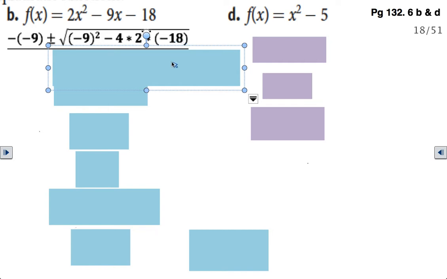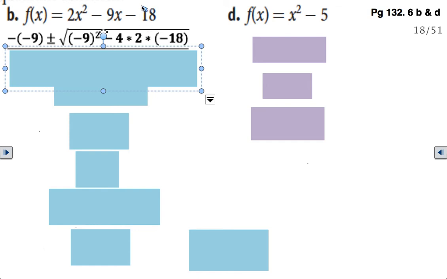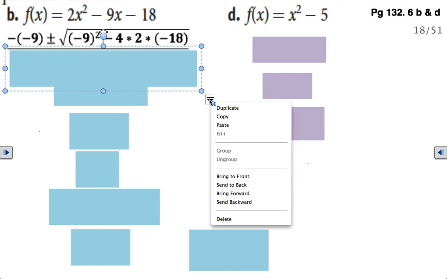And notice how I have the negative on the c value. I have my negative 18 there as well. Also notice for my negative 9 here, it is in parentheses when I square it, so that I will have a positive number when I set it in my calculator.